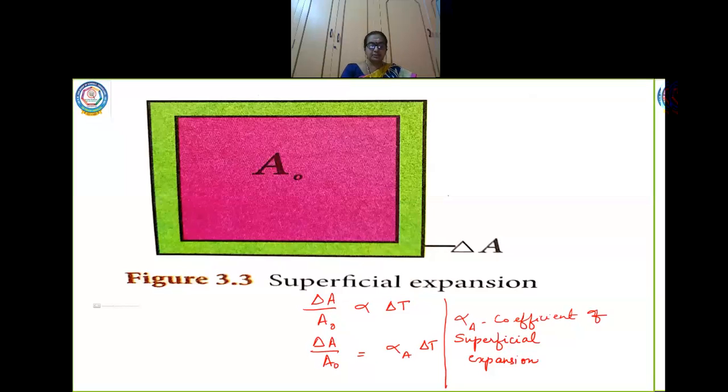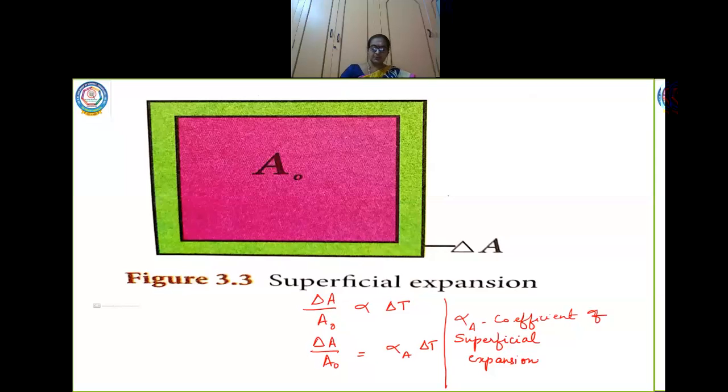And the ratio of, go to the next paragraph, third line, children. The ratio of increase in area of the body per degree rise in temperature to its unit area is called coefficient of superficial expansion. Now the coefficient of superficial expansion is not the same, it is different for different materials, and the unit for coefficient of superficial expansion is per Kelvin.